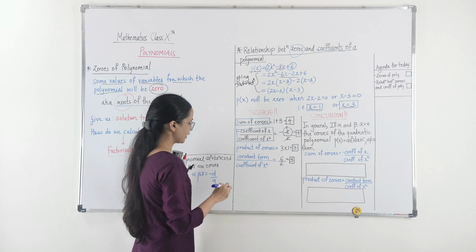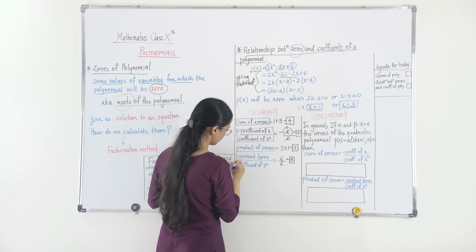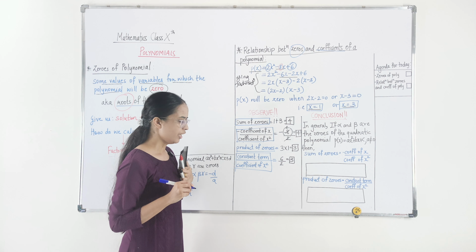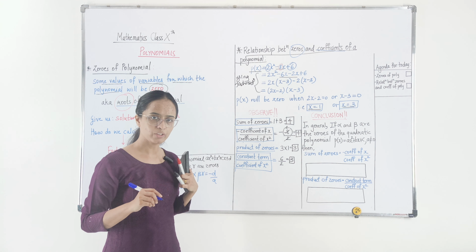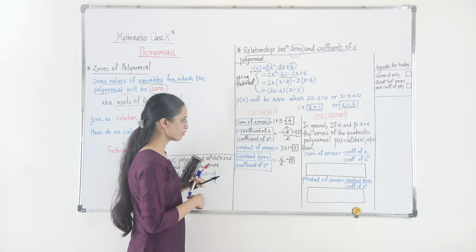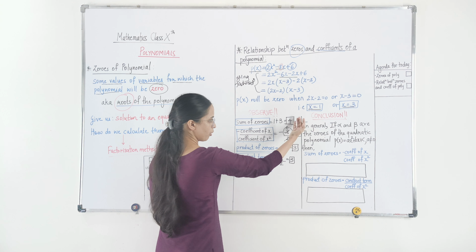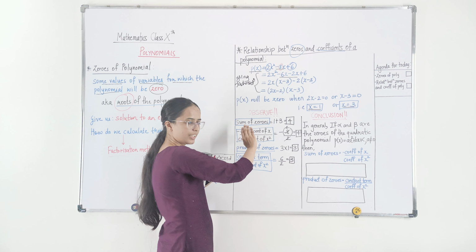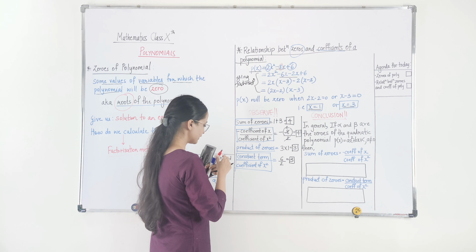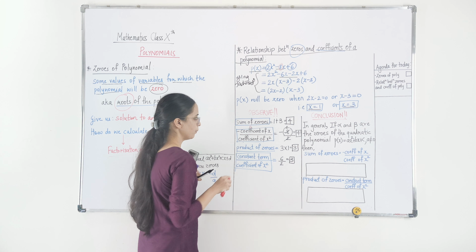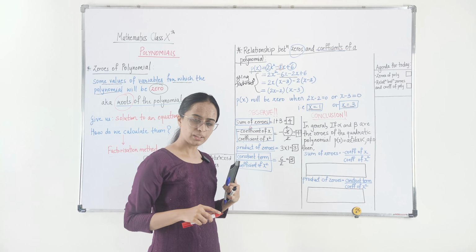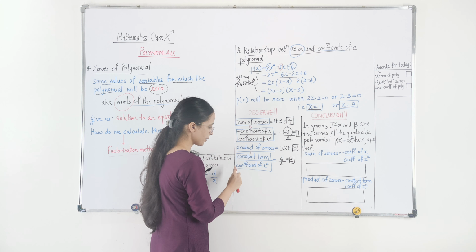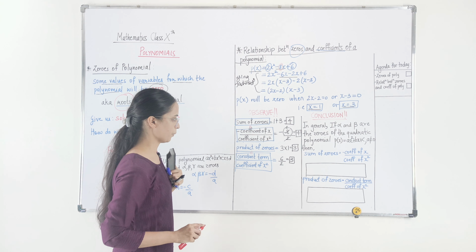Similarly, the product of zeros comes out to be equal to the quotient of the constant term and the coefficient of x square. So if the right hand sides of these two equations are equal, it means that the left hand sides are equal to each other, and hence we can say that the sum of zeros is equal to minus coefficient of x upon coefficient of x square, and the product of zeros is equal to constant term upon coefficient of x square.